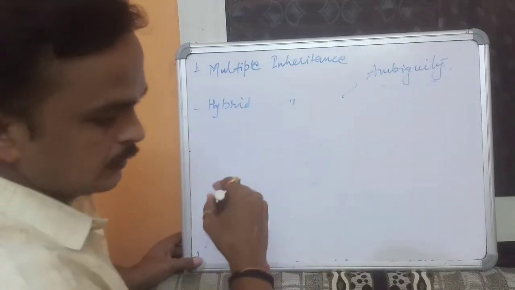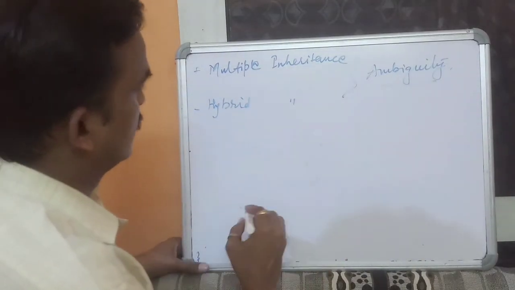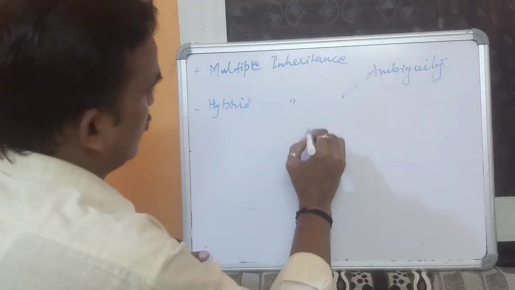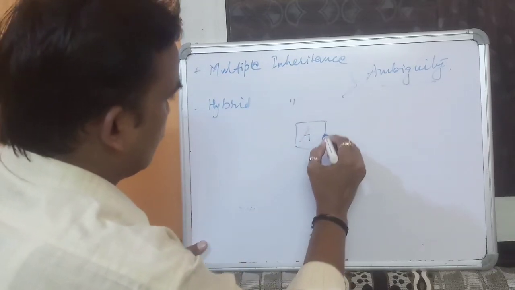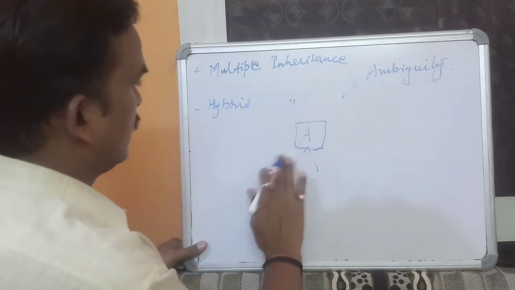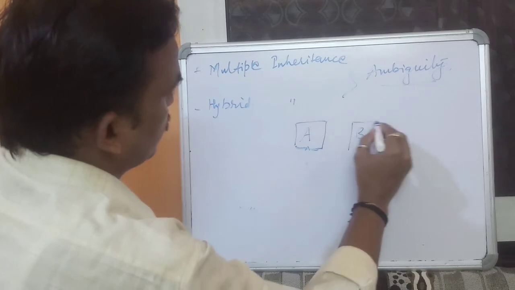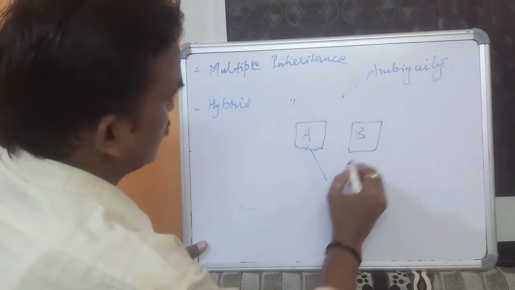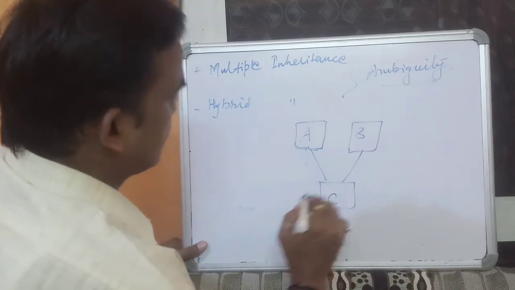Because if we analyze the structure, it is like this. We have class A and we have class B, and both classes will be accessed by one child class, that is class C.